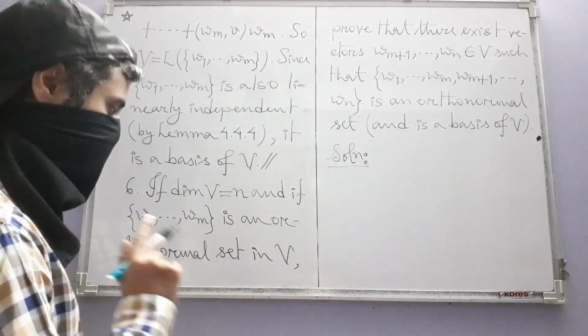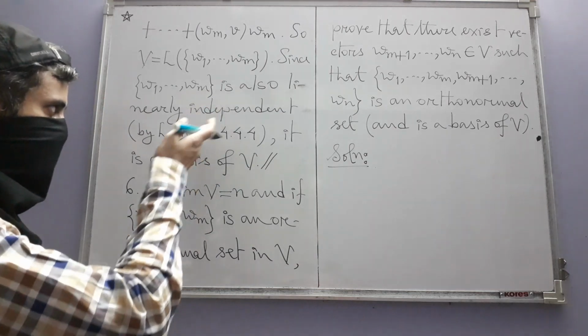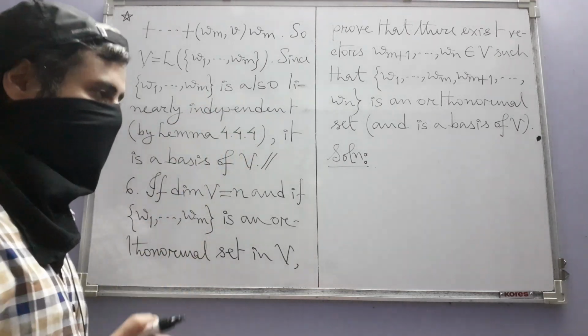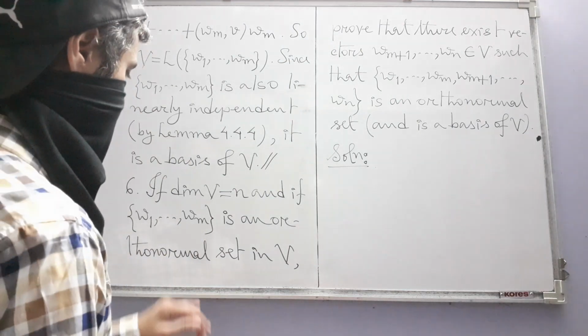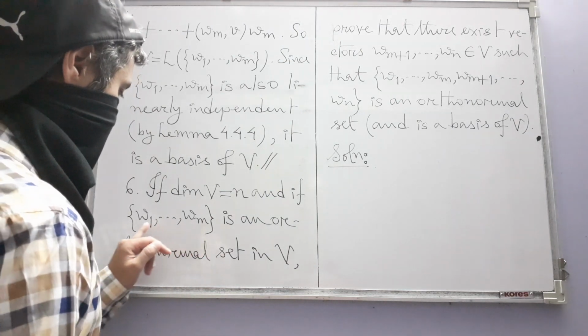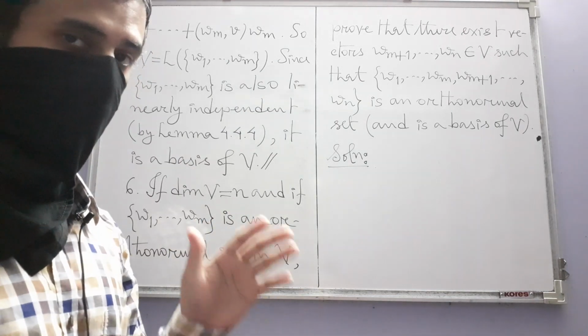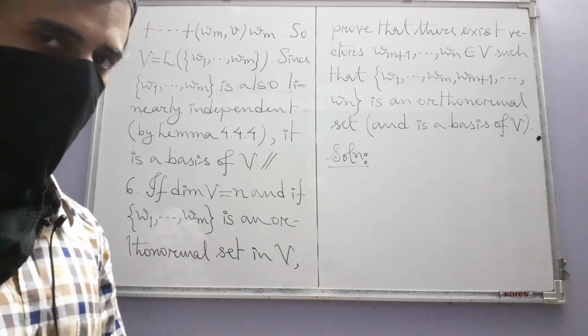And the second thing is what we have seen here by lemma 444. We know that any orthonormal set is linearly independent. So that means the number of elements in this linearly independent set cannot exceed n. So m has to be less than or equal to n.